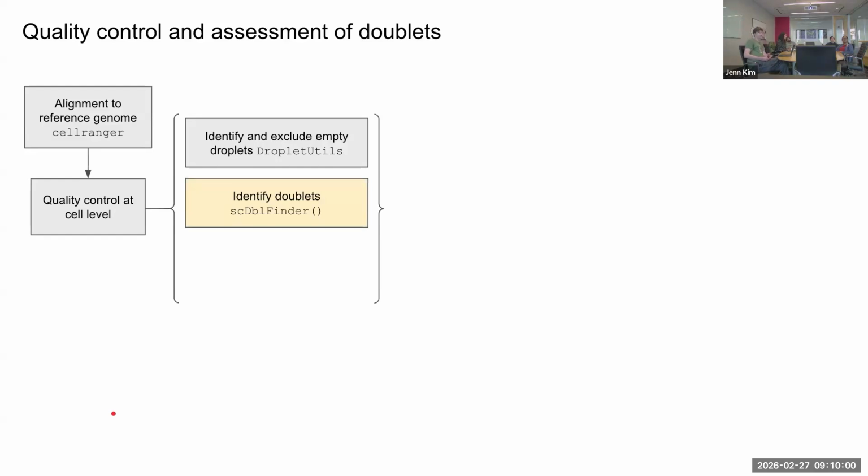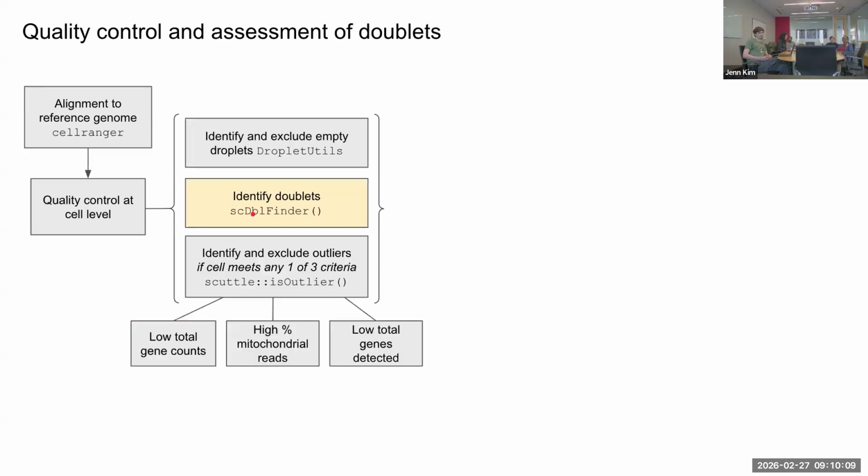Then we also identify doublets using this package called ScDblFinder, which I'll go into greater detail in the next few slides. And we also identify and exclude any outliers if the cell meets any one of these three criteria: low total gene counts, low total genes detected, or high percentage mitochondrial reads. At this stage, we perform the QC and exclude empty droplets and any outliers, but we just identify and label doublets and obtain doublet scores and keep them in the analysis to move forward with and investigate further.